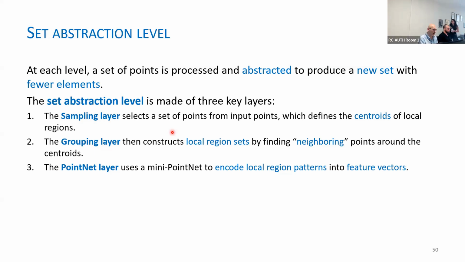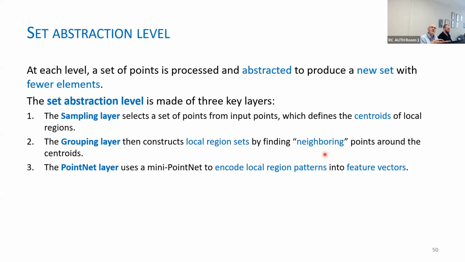So suppose you have your set of input points at a certain granularity, and you extract just a subset of these. These points should be like centroids of local regions. So this is a sampling layer. Then there is a grouping layer, because when you select these points, you then group together the neighboring points around these centroids. And so this is the grouping layer.